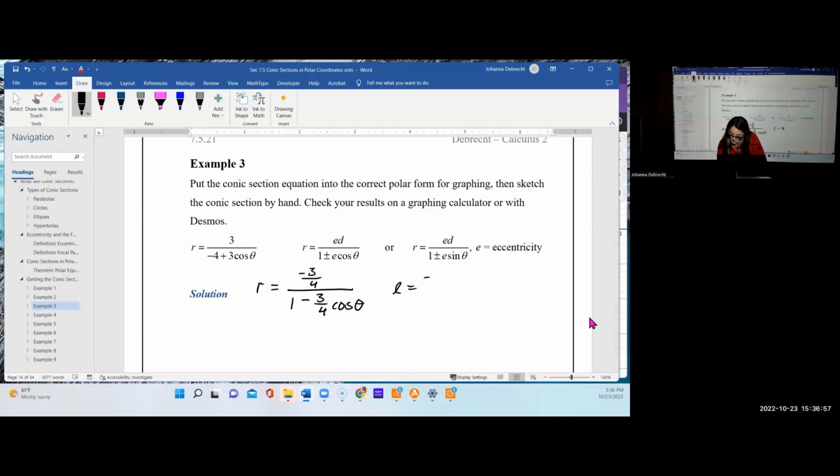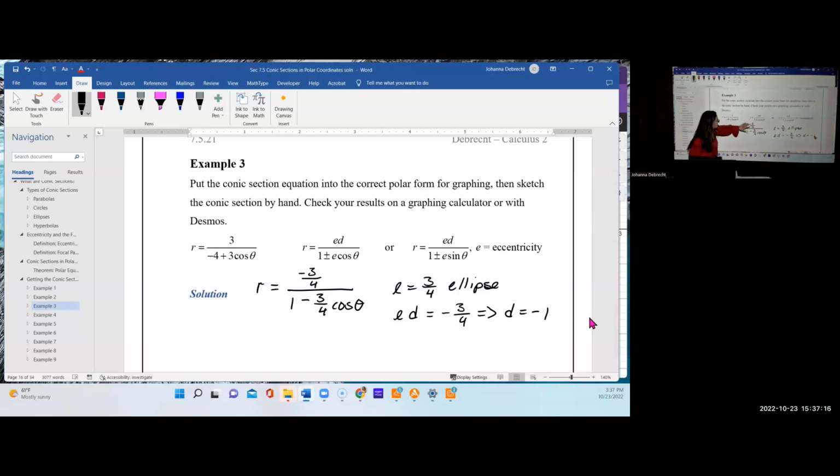Again, the eccentricity is 3/4, so it is going to be an ellipse because it's less than 1. And we know the eccentricity times the focal parameter is equal to -3/4, which means that the focal parameter itself is -1.